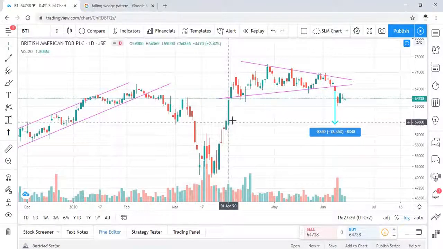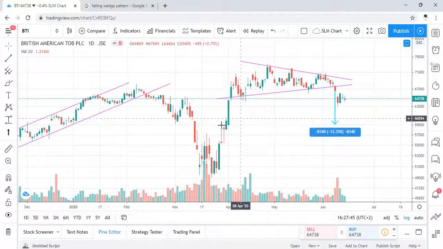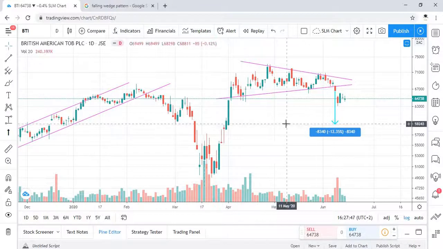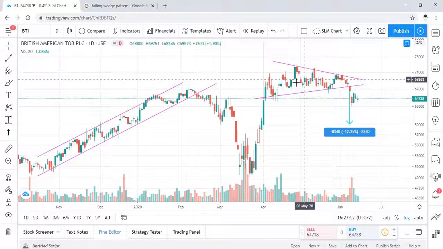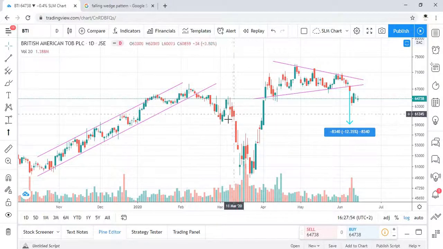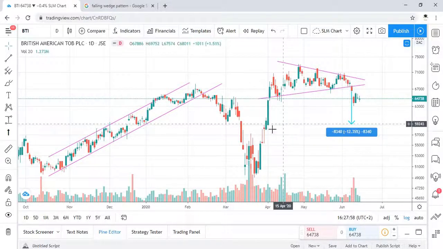And between that and this point, that's where you find the next decisive support point where it left a gap there. So there you can see that we had another nice symmetrical triangle that was forming at the top, which we are yet to see resolve completely to the downside.